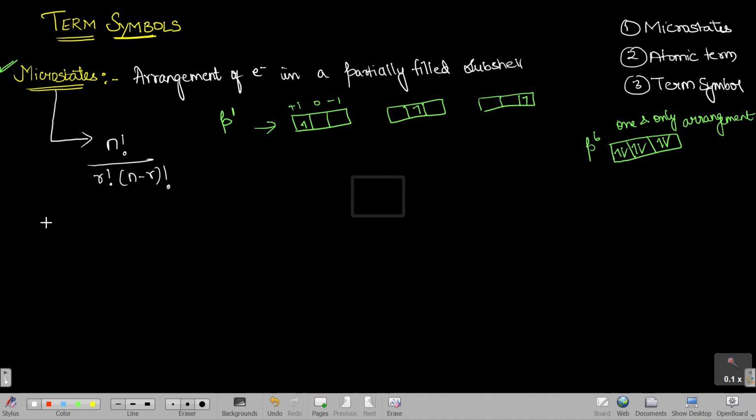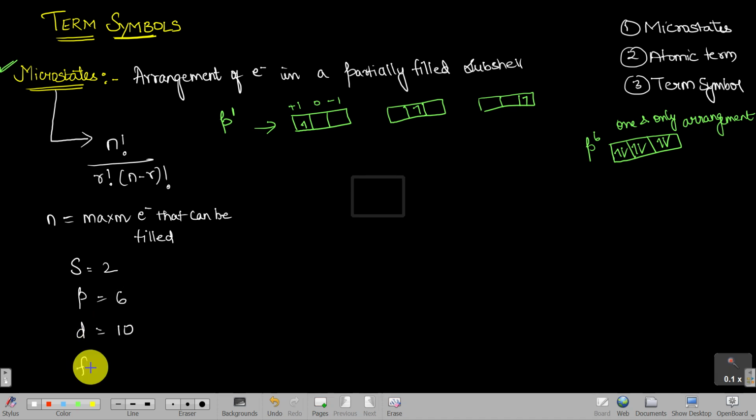Now what does n denote? Here n denotes the maximum electrons that can be filled. For example, for s it is going to be 2, for p it is going to be 6, for d it is going to be 10, and for f it is going to be 14. So this is the maximum number of electrons that can be filled.